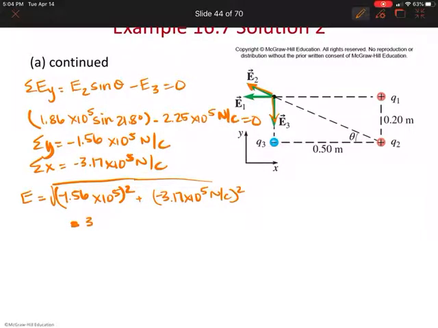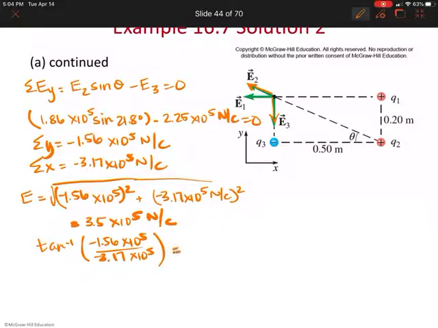And you should end up with 3.5 times 10 to the 5th newtons per coulomb. And your angle here should be y over x, which is about 26 degrees.